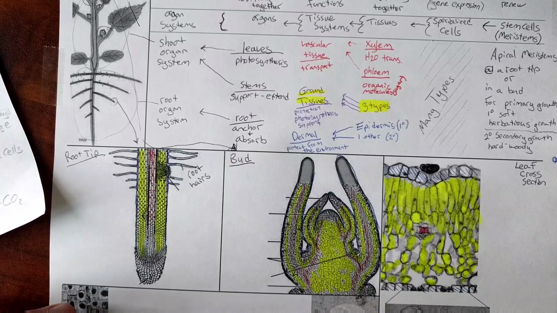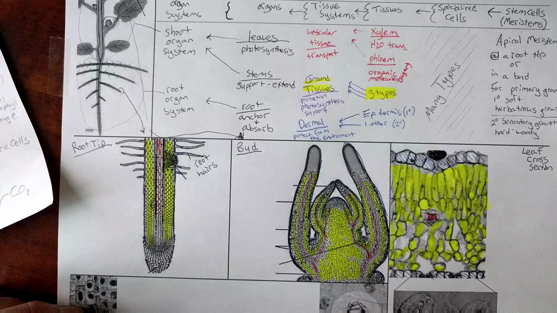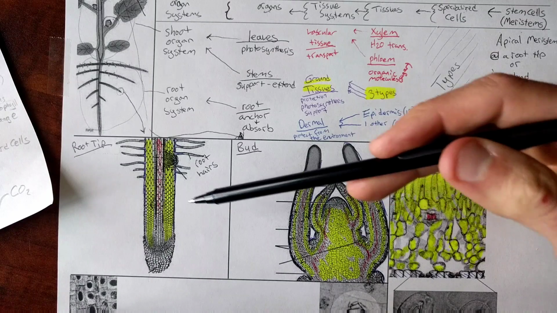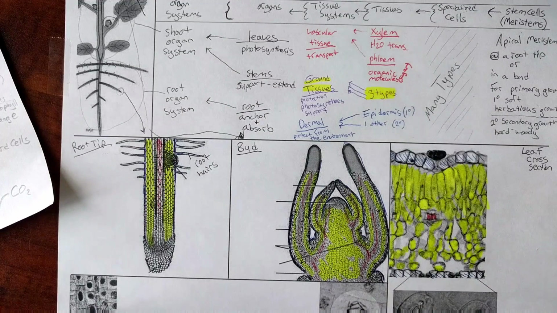All right, last little bit. So I'm just going to move this down a little. So our root, with our combination of all of those structures, our main goal down here was water. We wanted our water.